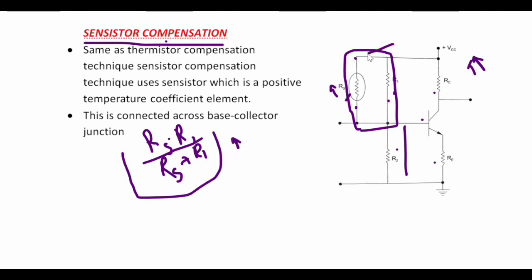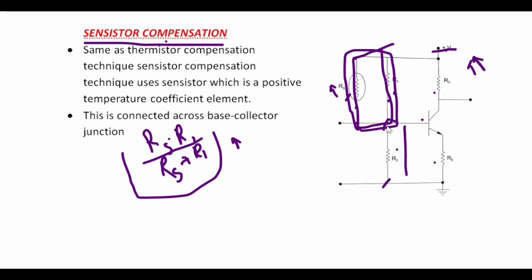This increase in resistance also increases the voltage drop from the source voltage VCC, so more of VCC is dropped at this network, and very little voltage is transferred to R2.